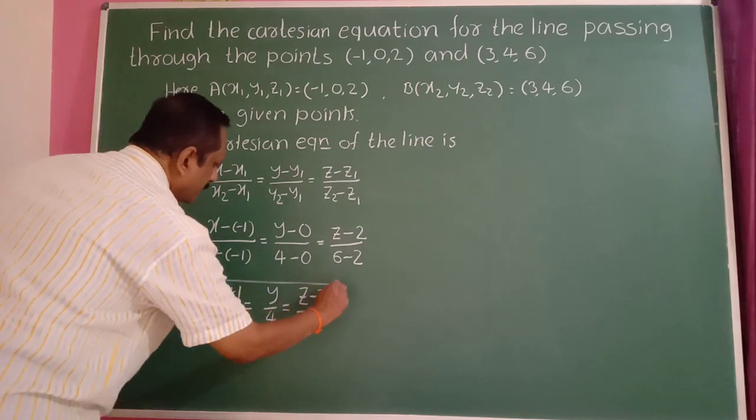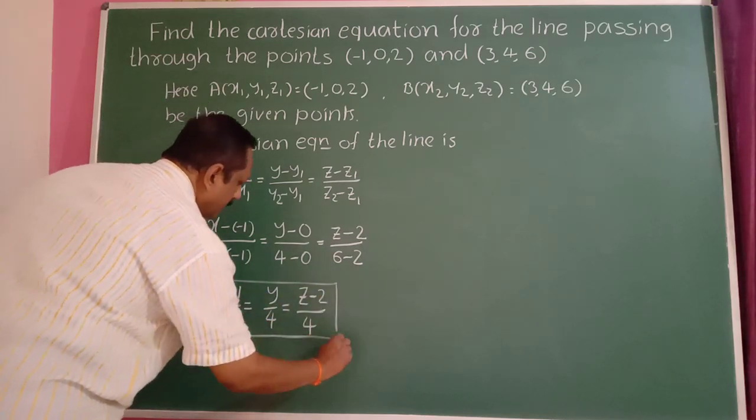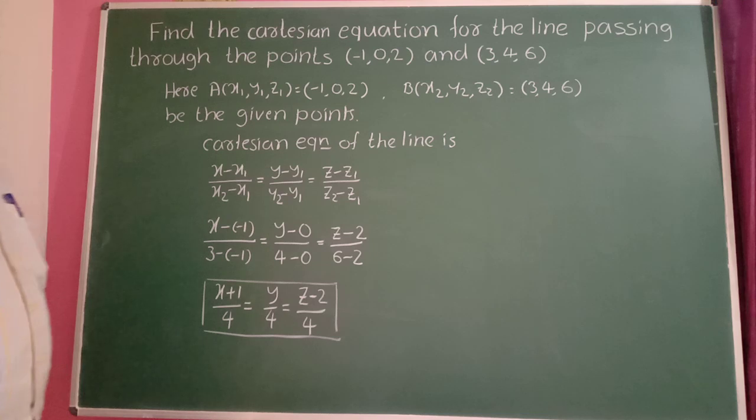This is a Cartesian equation of the line passing through two given points.